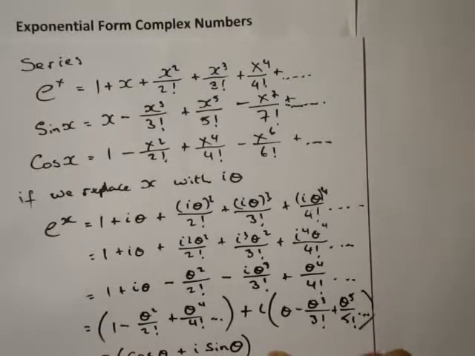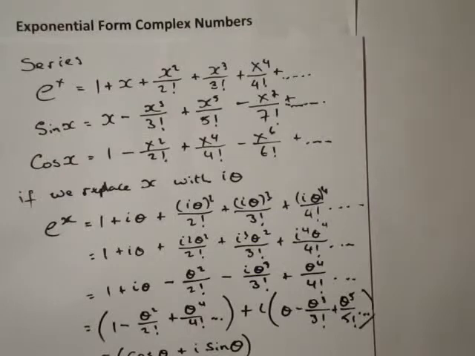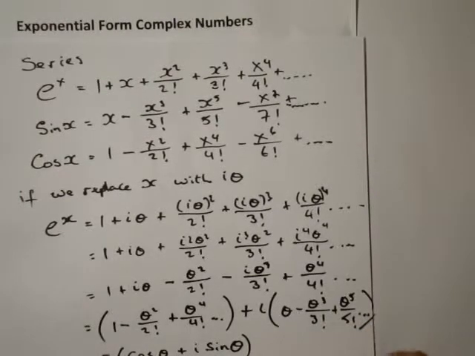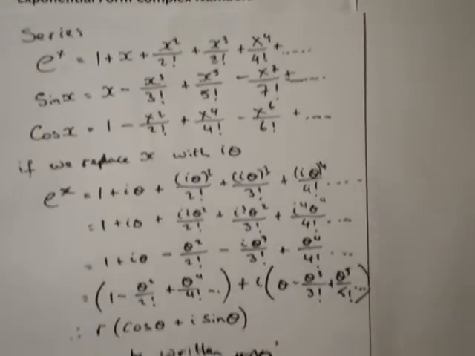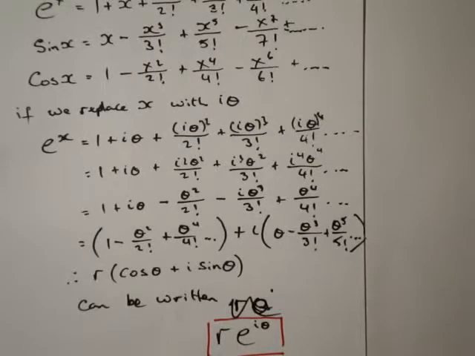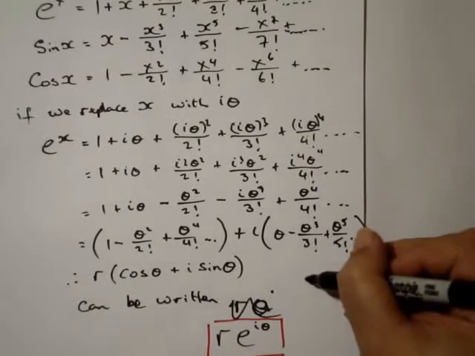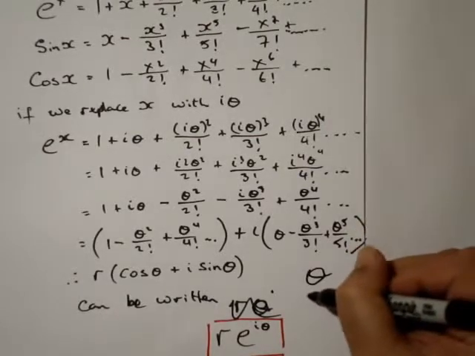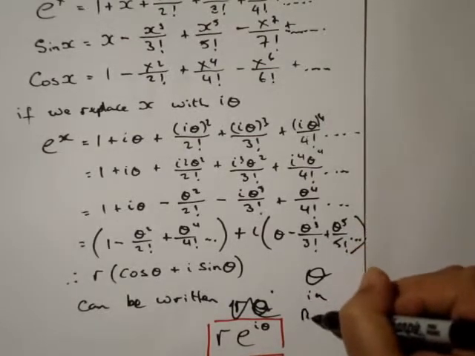So it can be written as r e to the i theta. And this is the exponential form of the complex number. And theta must be in radians.